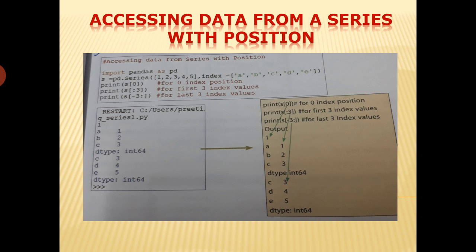As shown in the code, using the first statement, the element at position 0 from the series S shall be displayed. The second statement shall display the first 3 elements from the series. And the third statement shall print the third value from the end because of negative indexing, the -3 index value.